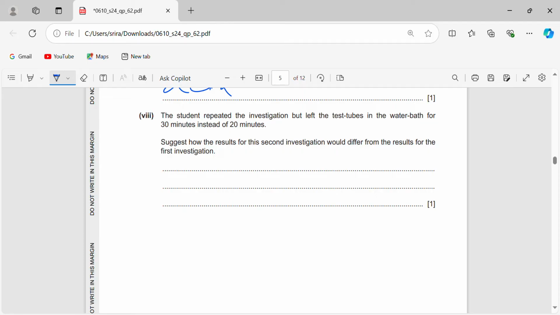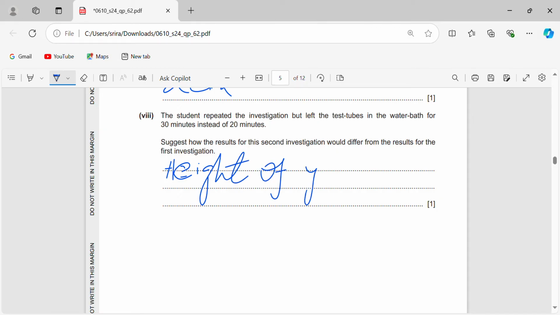But they're just saying suggest how it differs. We don't need to explain why. Suggest. Keywords are really important in the questions. So suggest means we just need to say how it might change. So height, and we can't just say it's going to change. We have to say in which way, like decrease, increase. Here it's going to increase.